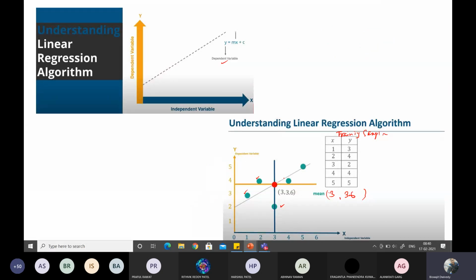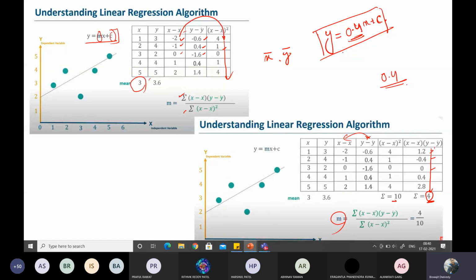My regression line is going to pass through that mean point, so I can use this point as one of my reference points or input points. If I'm using this mean value, what is the value of the mean? So 3 comma 3.6. So 3 is here, x is equal to 3.